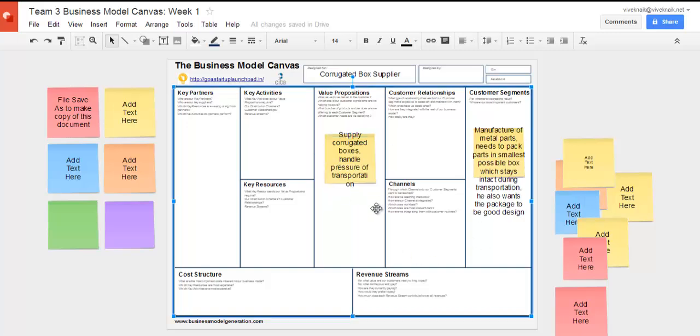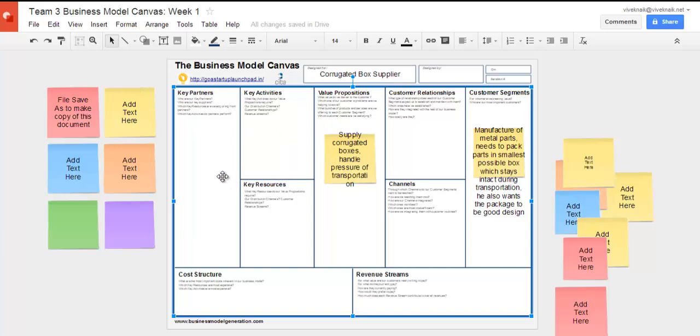Now, how do we get whatever products we make to your customers? That's where the channel comes into place. That's the means by which you're going to get it. Probably you'll have an office or a website through which your customers can contact you.